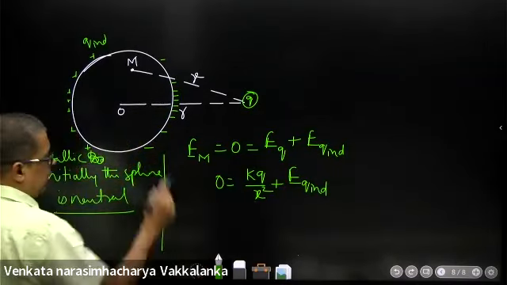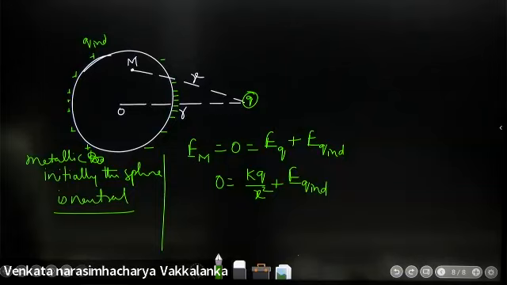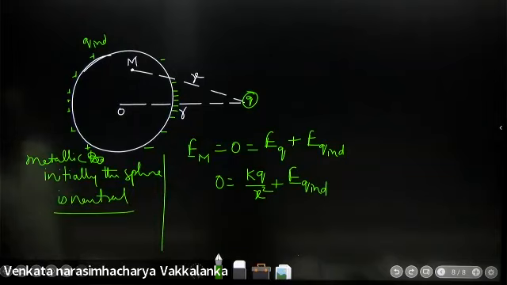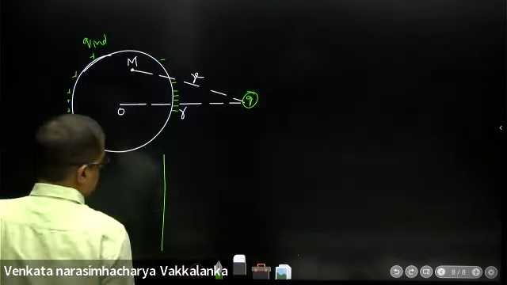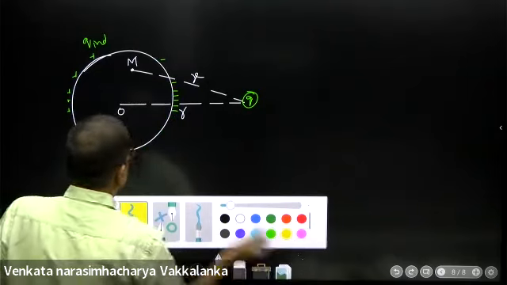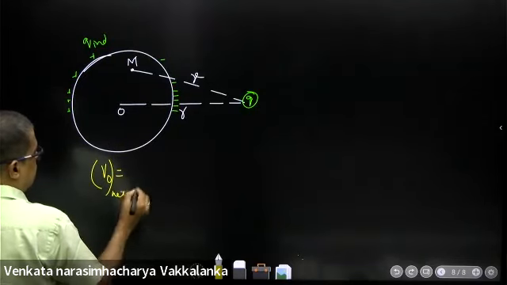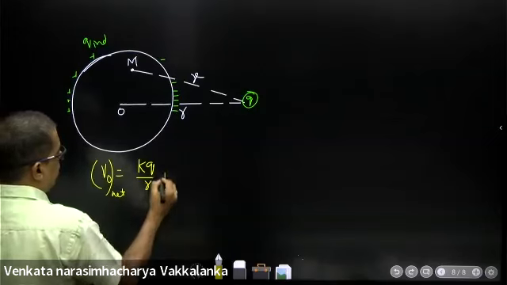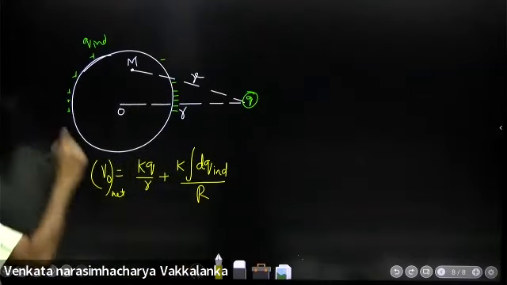To calculate the potential, first I'll calculate the potential at O. Net potential at O will be KQ by small r plus K integral dq induced by capital R. Capital R is the radius of the sphere.